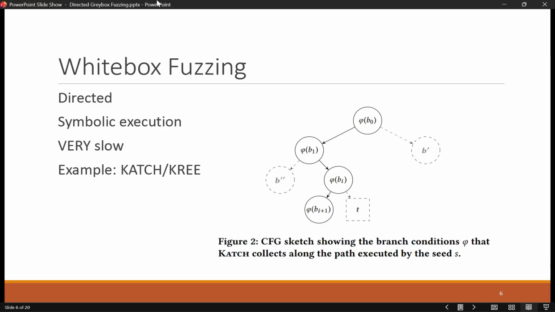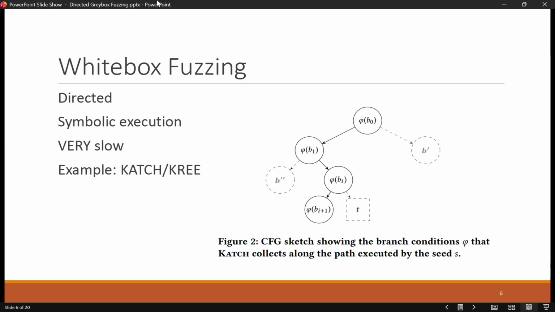Instead of gray box fuzzing, where you have a fully compiled binary, with white box fuzzing, you'll have the code itself or some representation of it, like some machine code representation of it. And what the white box fuzzer will do is try and calculate the best route in order to get to the target locations in the code.